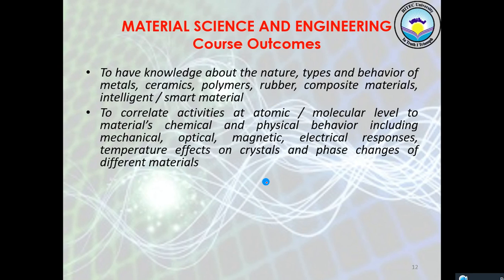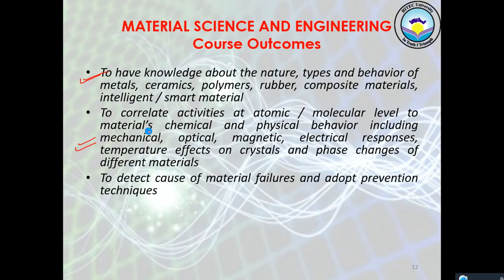To have knowledge about the nature, types, and behavior of metals, ceramics, polymers, rubbers, composite materials, and intelligent smart materials as well. We will go through all of them in detail. To correlate activities at the atomic and molecular level with chemical and physical behavior, including mechanical, electrical, magnetic, and optical properties, and the effect of temperature upon crystals and phase change of different materials.